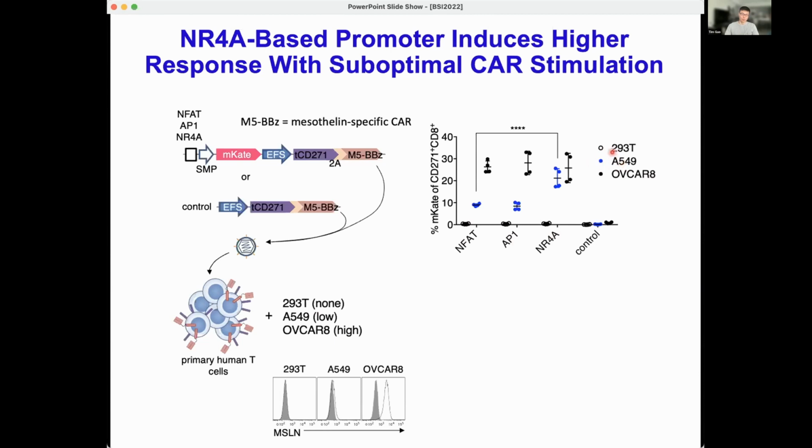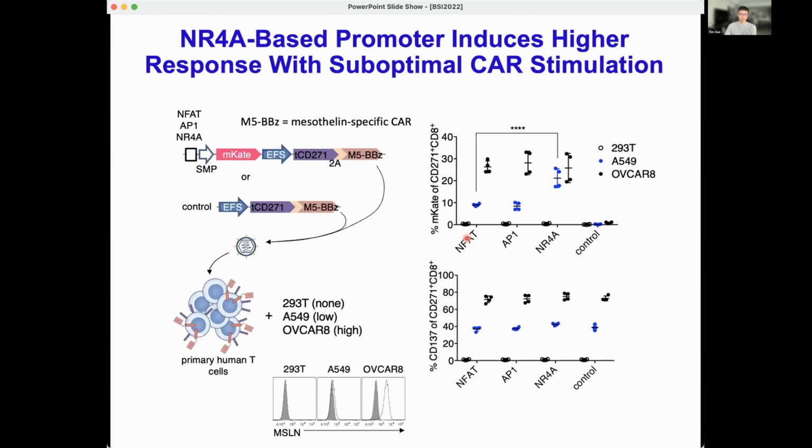But when we stimulate with the weak stimulator having low levels of antigen, we saw that the NR4A promoter responded significantly better than the conventional NFAT. And again, looking at CD137 upregulation, we know for a fact these T cells, when stimulated with A549, were less activated than with the strong stimulator OVCAR8, highlighting that there's a particular context where the NR4A promoter might actually be better than the conventional NFAT.